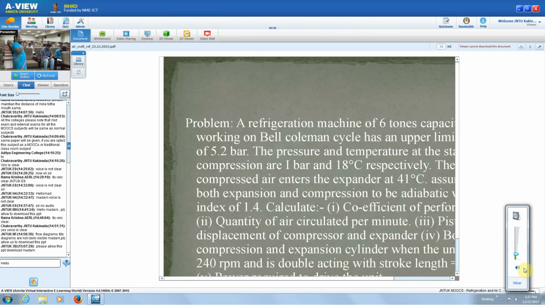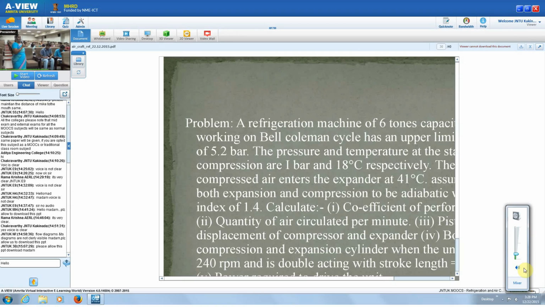The minimum pressure is 1 bar, the maximum pressure is 5.2 bar. With that you can find T2. Then the compressed air enters the expander at 41 degrees centigrade, so T3 is also given.